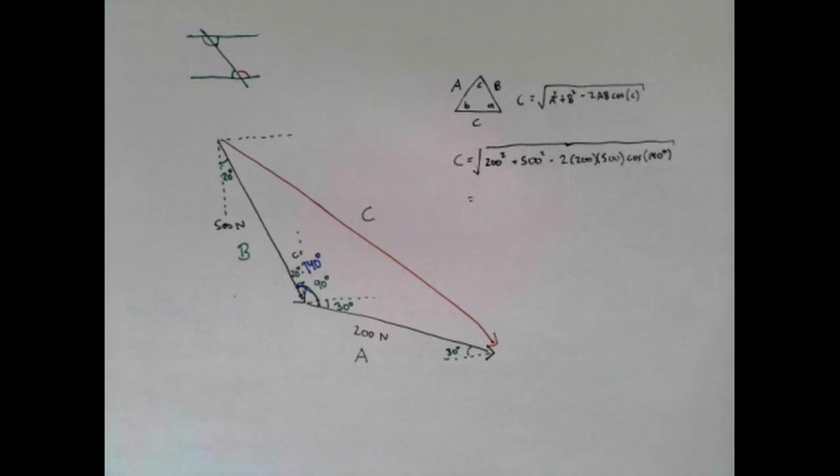Let's write this down. Cosine 140. Let me calculate that. Okay, 665.74.